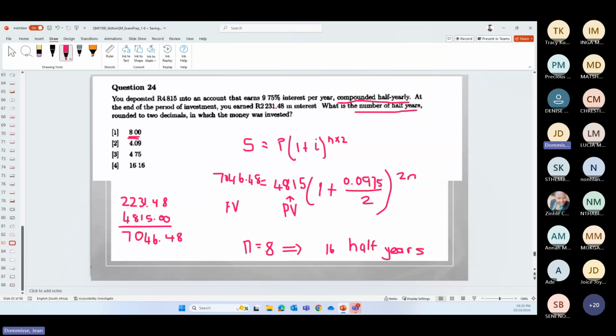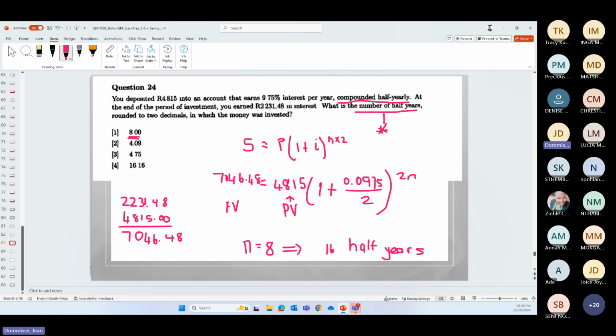So it will be 8 years, but because that 8 is in years and they want us to get to how many half years there are, we need to say 8 times 2, which gives us 16 half years.